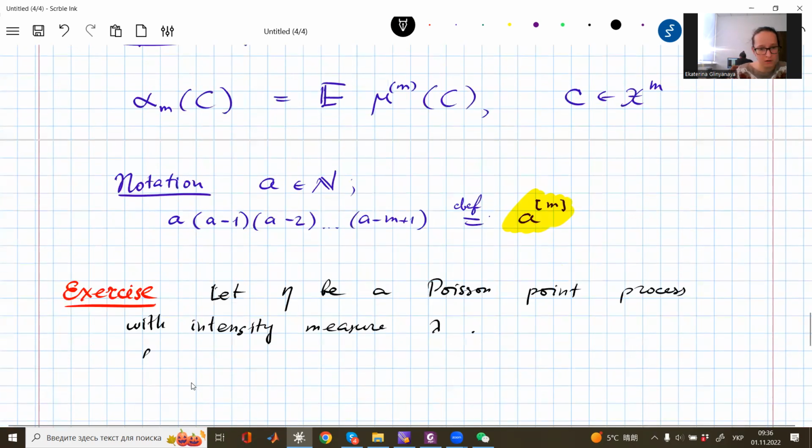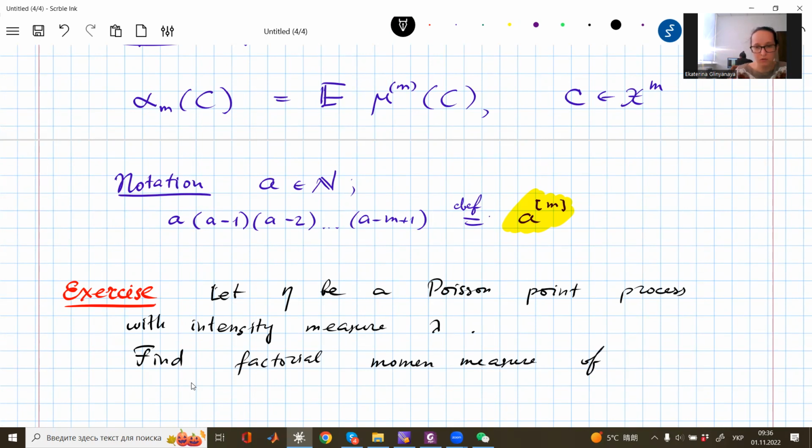Then find the factorial moment measure of it. So this is an exercise for you.